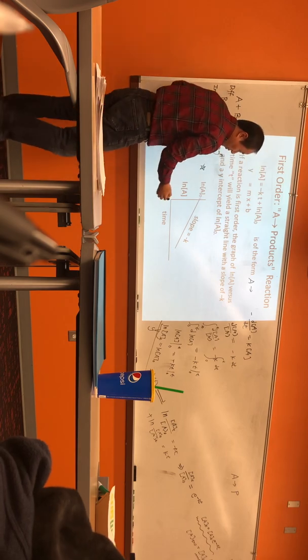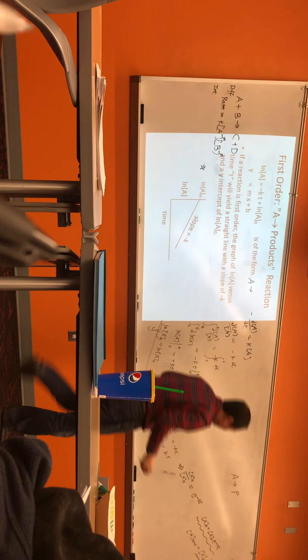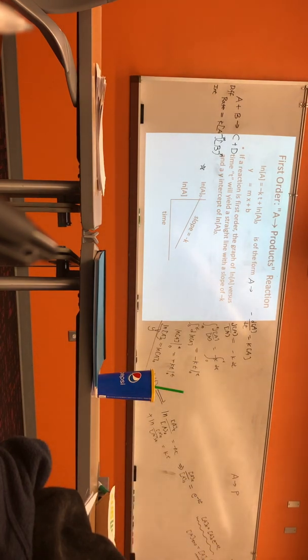Then the graph looks like a linear graph. Compared to this one, where the x-axis is time and the y-axis is the concentration over time, you have an exponential decay graph.